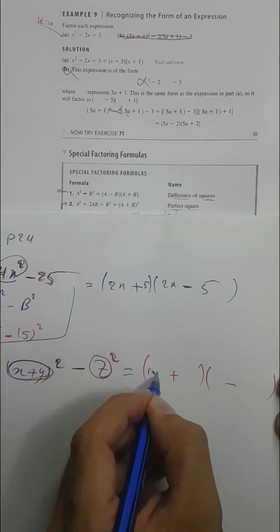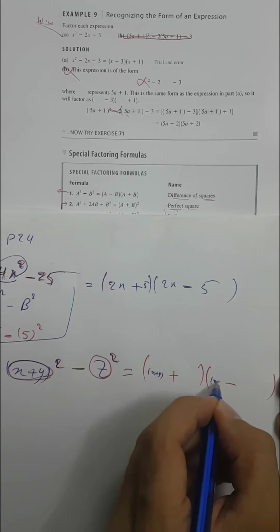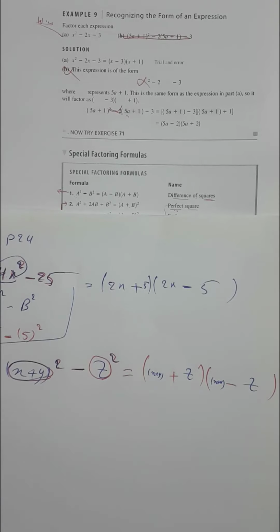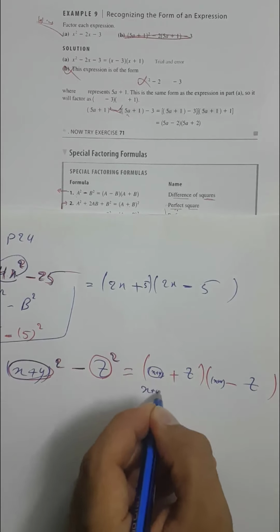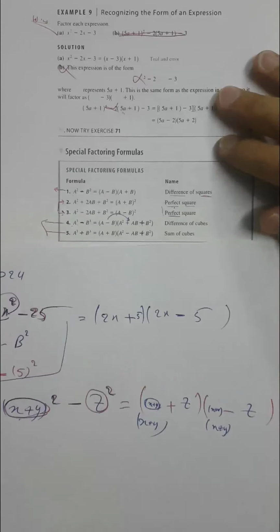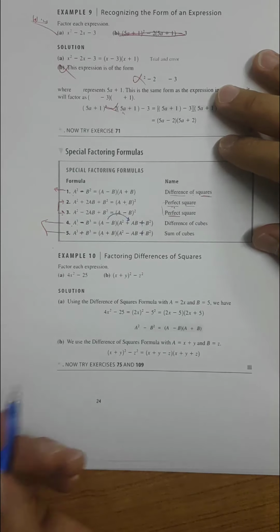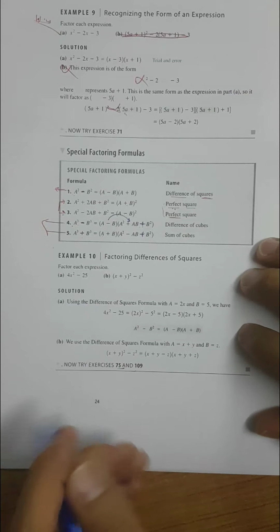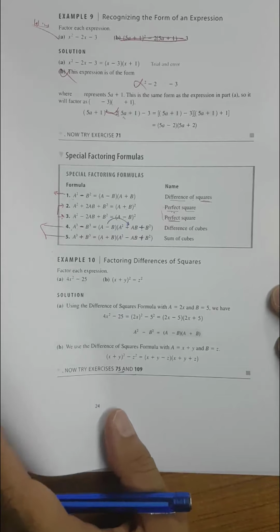First one, second one, second one. That's all. So what is this? It is x plus y. I don't care, x plus y, it can be anything. I say first one plus that second one. That's all that we have here in part b. If you don't understand, practice these exercises.